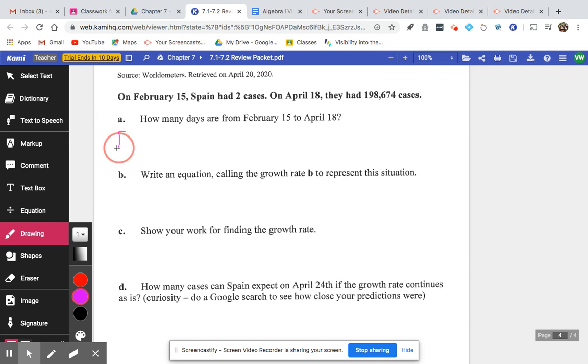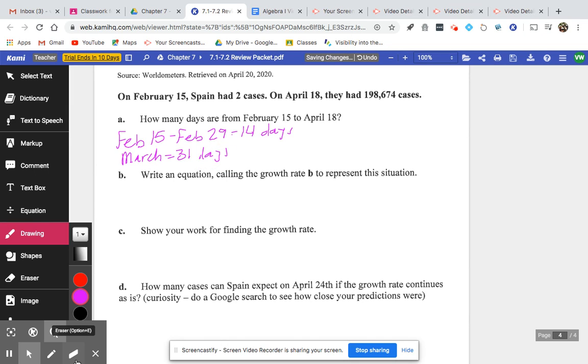Well, here we go. We have February 15th to February 29th, which is 14 days. Now remember, we used February 29th because this year's a leap year. And March has 31 days.